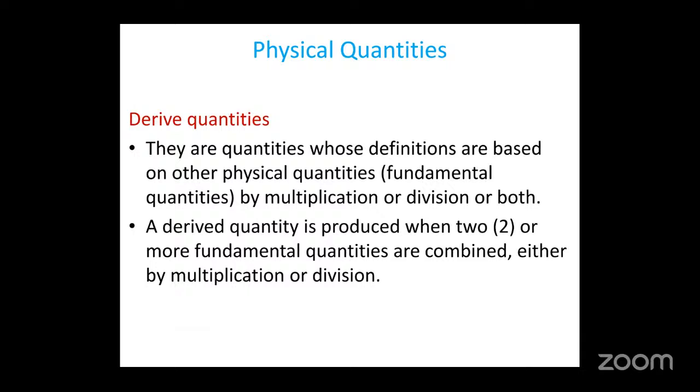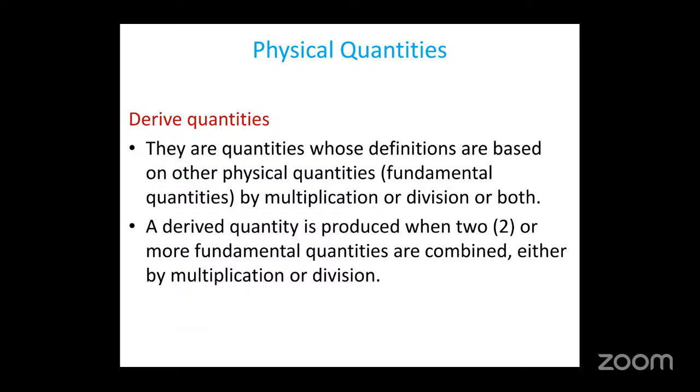Examples of derived quantities are displacement, speed, velocity, acceleration, force, energy, density, moment, power, work, momentum, pressure. Pressure is force over area, so we are dividing two quantities to give pressure.